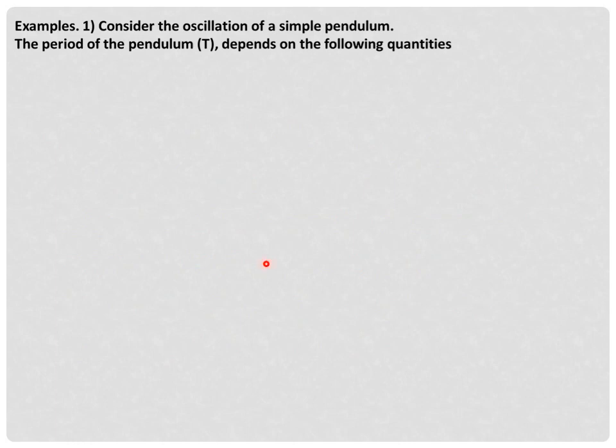Example number 1. Consider the oscillations of a pendulum. This is a simple pendulum. Consider it oscillating.